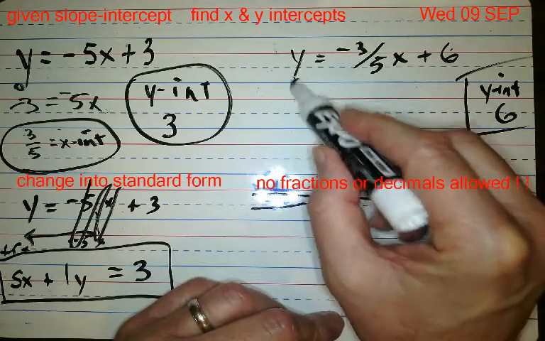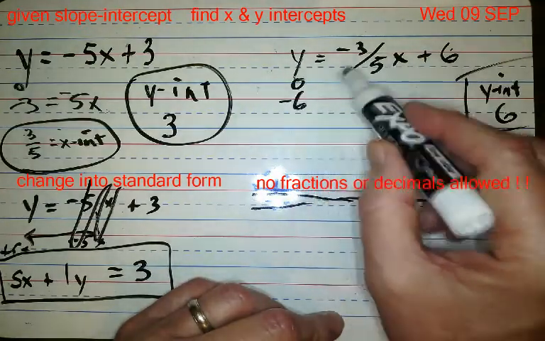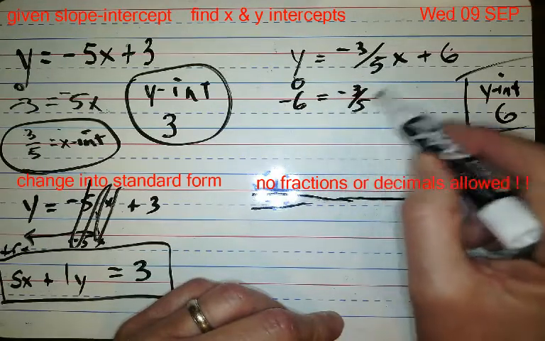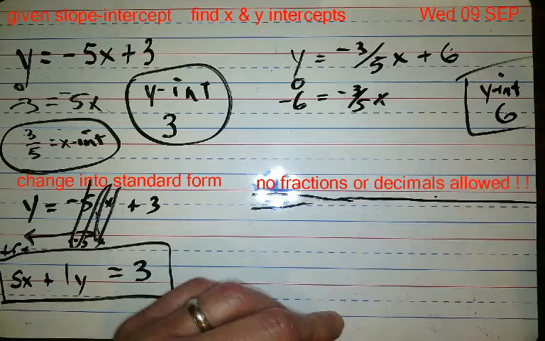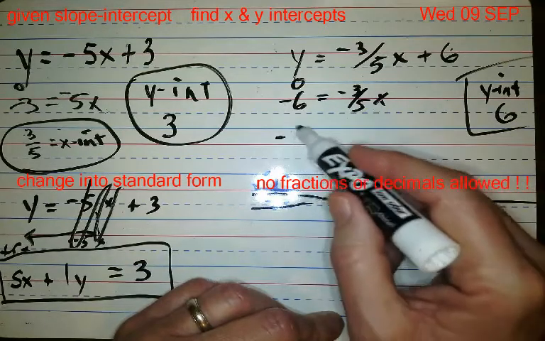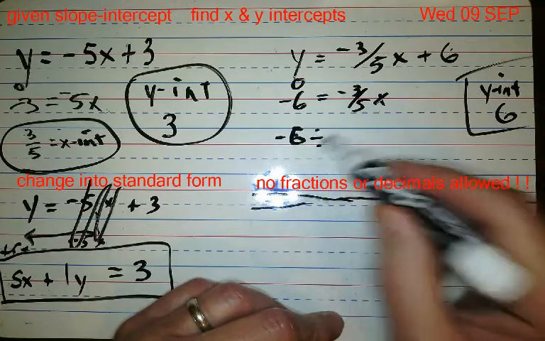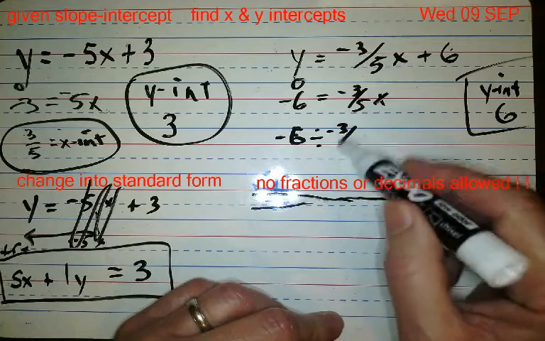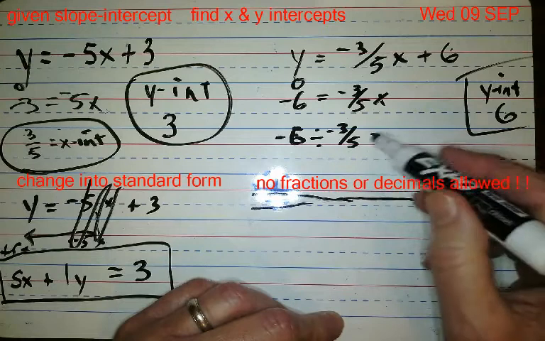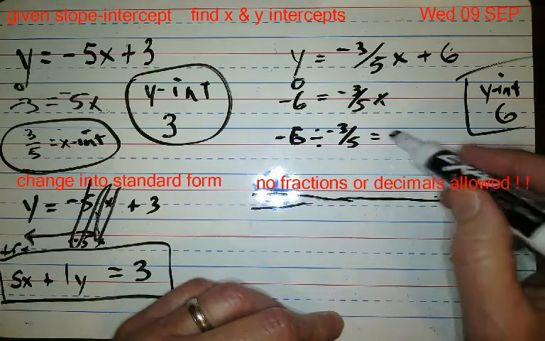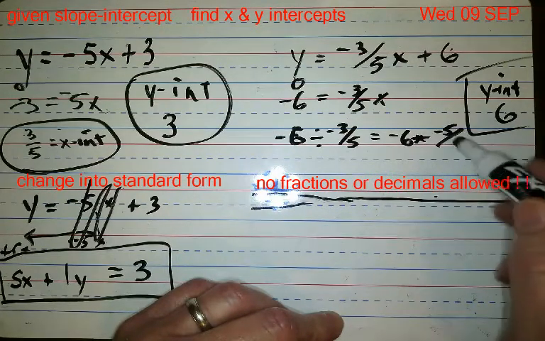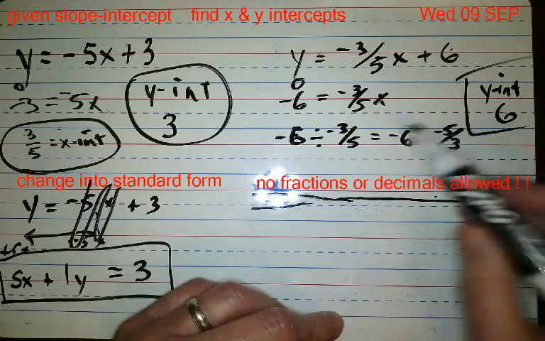So if 0 is here, then I'm going to subtract 6, and I'm going to have negative 3/5 x equals negative 6. Now then, I have to divide by this. So let's go back to 5th grade for a minute. We're going to be dividing by this fraction, right? Well, when you divide by a fraction, you really multiply by the reciprocal. So negative 6 times 5/3. Yay! Negative times negative.